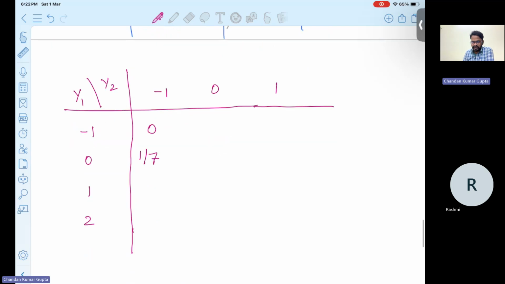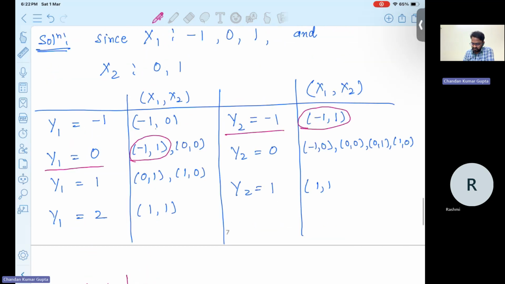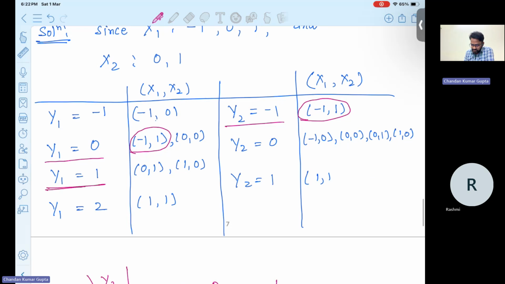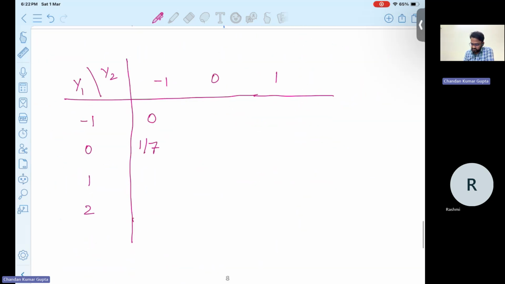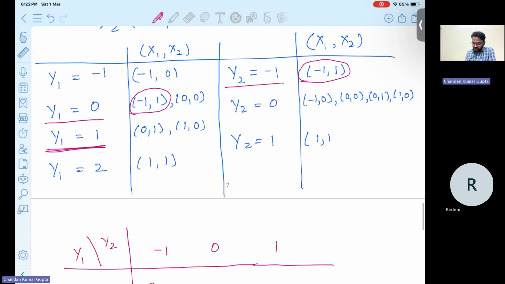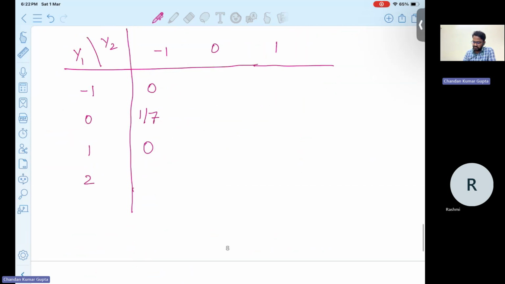And then again, y1 equal to 1 and y2 equal to -1, nothing is common here, so it comes out to be 0. And at last, when y1 equal to 2 and y2 equal to -1, again the probability is 0.